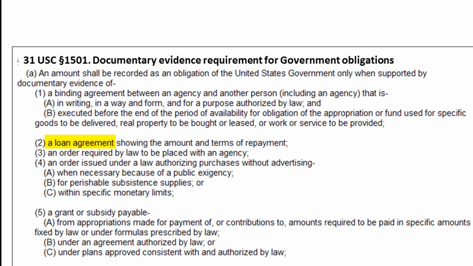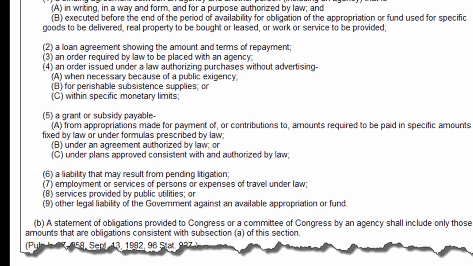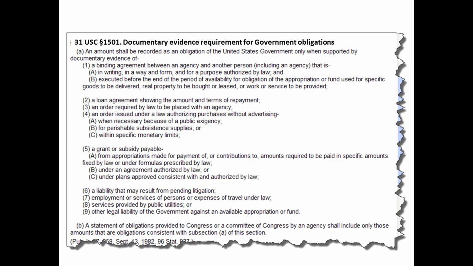A loan agreement, an order required by law, a grant or subsidy, a liability from litigation, employment of persons, public utility services, or other legal liability. You can't record an obligation in the absence of documentary evidence of one of these. On the other hand, if you have such evidence, you must record an obligation.